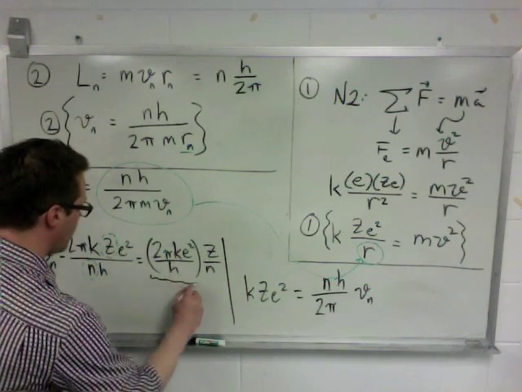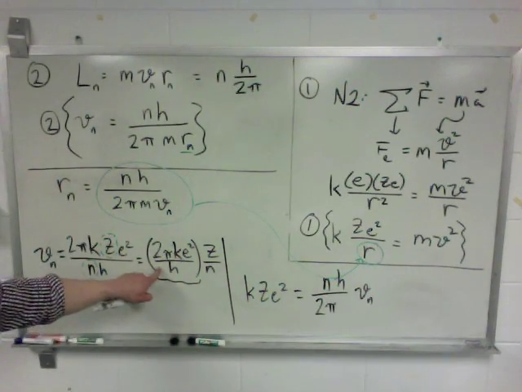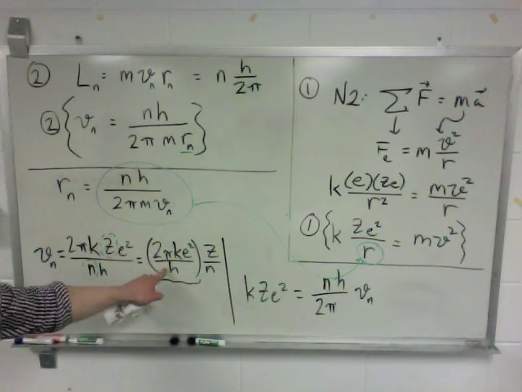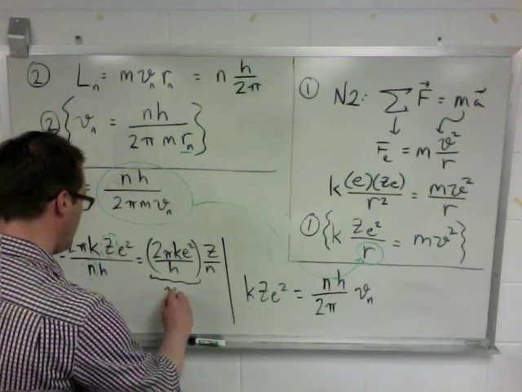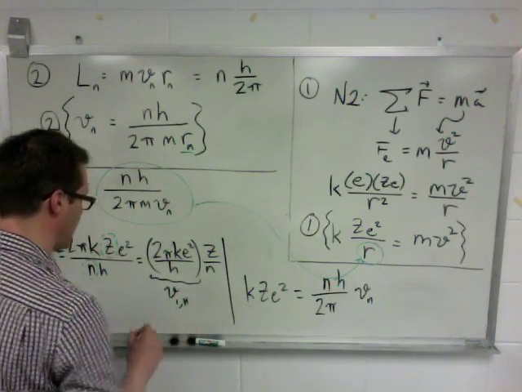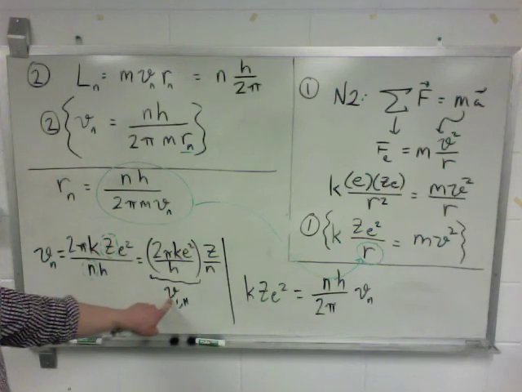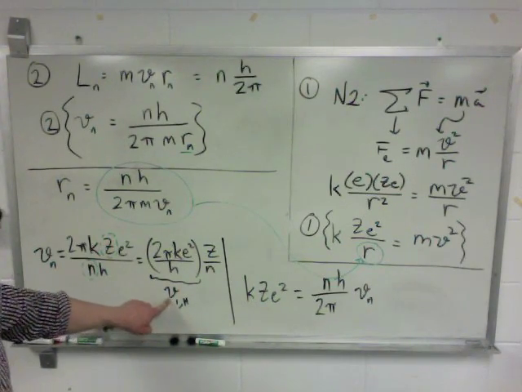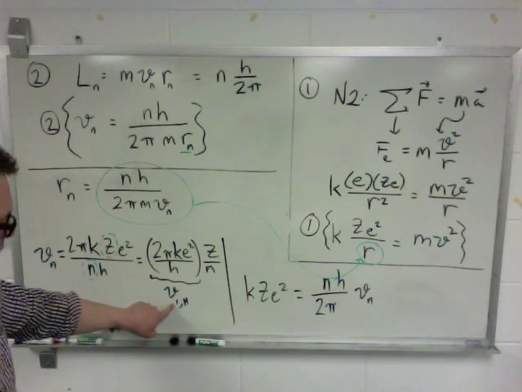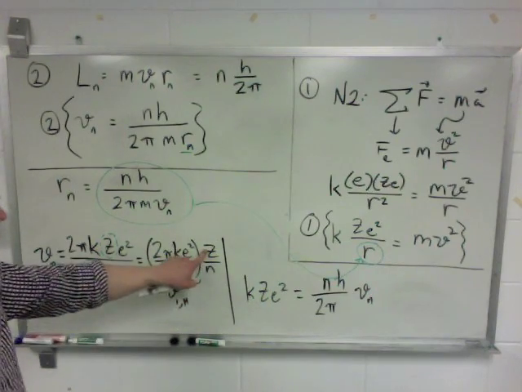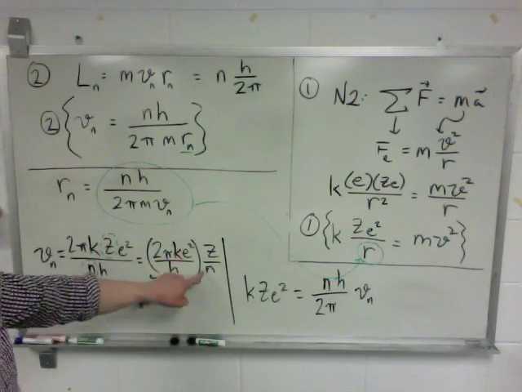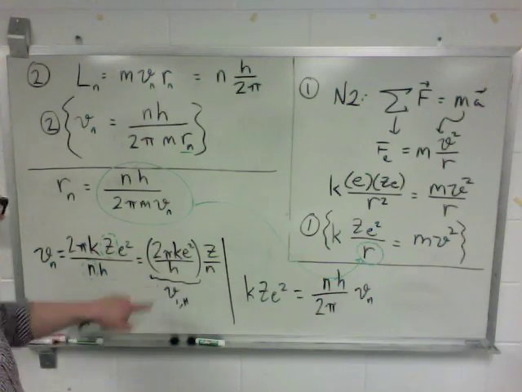So again, you can solve this. If you solve for this number, it's just going to be some number. You can call this number v sub 1, the speed of an electron in the n equals 1 state for hydrogen, right? Because z equals 1, n equals 1 would be the ground state of hydrogen, and so that's what this number would be.